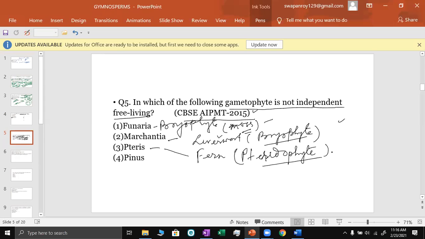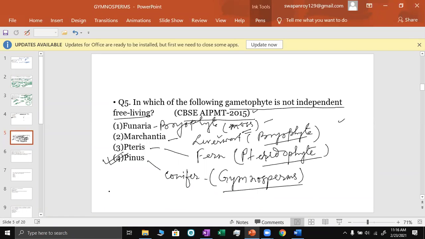In pteridophyte, gametophyte and sporophyte both are independent. Pinus is a conifer, a gymnosperm. And here the gametophyte has no independent life.